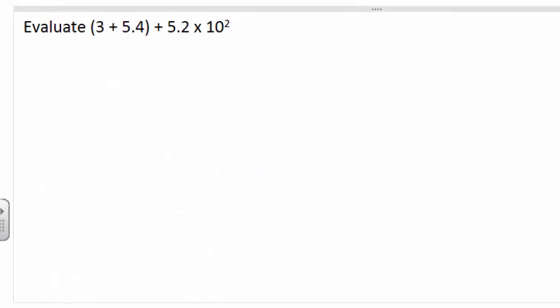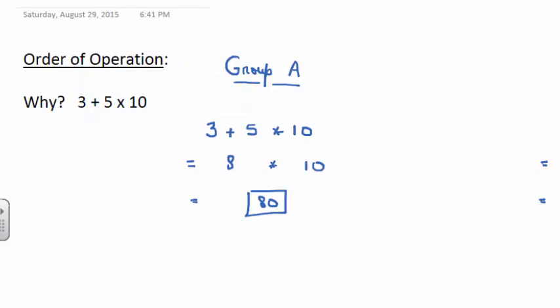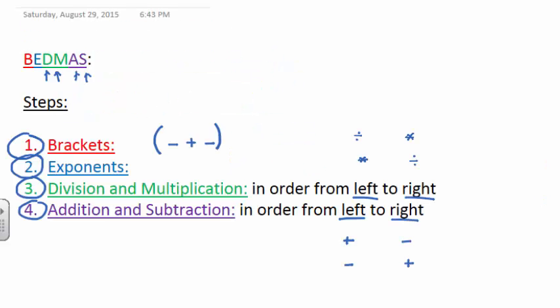Evaluate. Now, as you can see, the bracket here is a real bracket. Why? Because there is an operation inside the bracket. So if I repeat this one, 3 plus 5.4, plus 5.2 times 10 squared. So in this example, I start with the highest one, and if you see here, the highest one is the bracket.